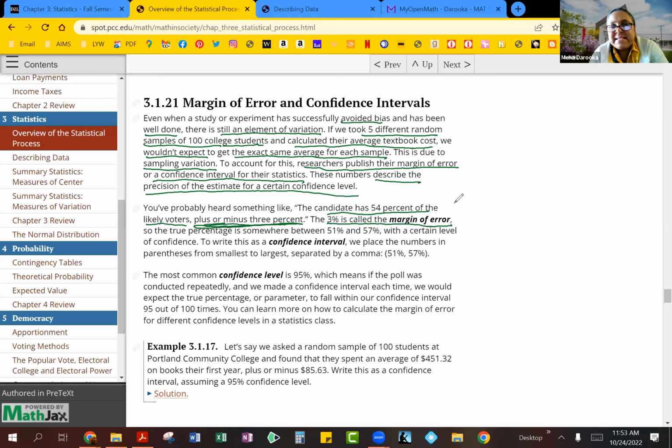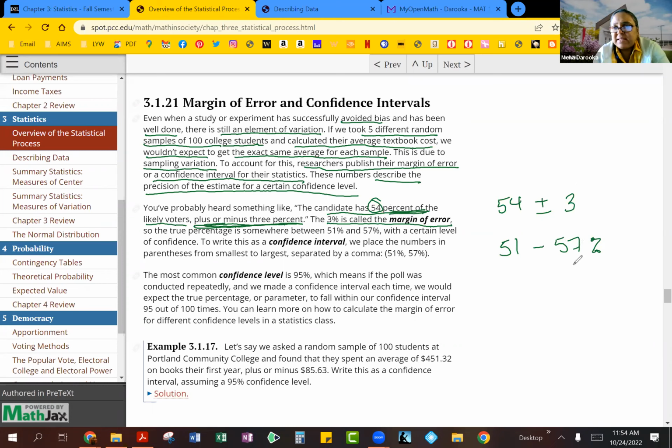So what that means is, even though we are saying 54% of the likely voters are going to support this candidate, from that 54% you are adding or subtracting 3%. So we can say anywhere from 51 to 57% of the voters are going to support this candidate. The plus or minus becomes your margin of error.